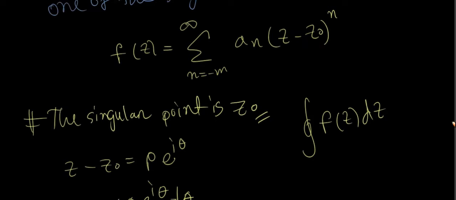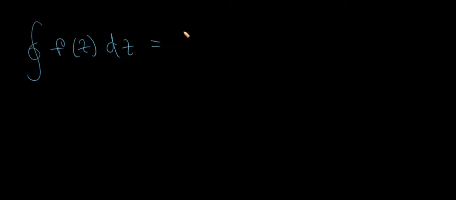So now you just put these things inside this integral, and instead of f of z, you need to use this series formula. So let's try to do the integral right now. The integral of f of z dz can be written as the summation, and the integral is from 0 to 2 pi.